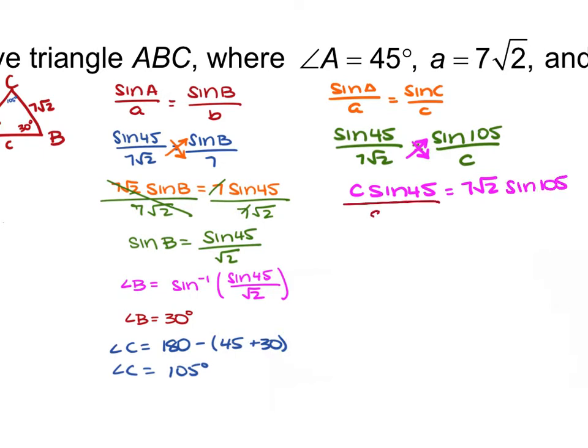We're going to divide each side by the sine 45. These cancel. We can use our calculator. I'm going to do 7 square root 2, move over, sine 105, close my parentheses and hit enter. From there, I'm going to divide that by the sine of 45 degrees.